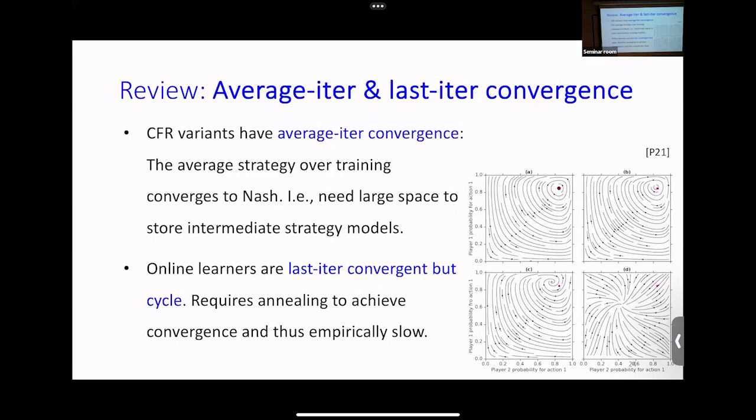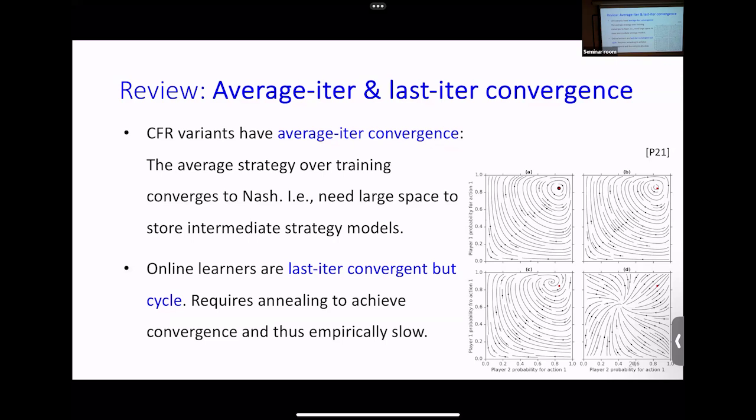And the second one, which is also computational, is that these algorithms still are too expensive. So for CFR, counterfactual regret minimization type of algorithms, there's a proof that they don't converge. What's convergent is the average policy that you compute along the way. So that means that you will have to store all the intermediate neural network models that represent your intermediate policies, and then in the end, somehow averaging over all of your models.